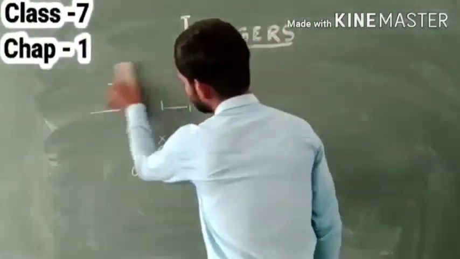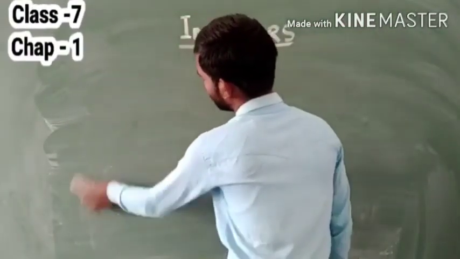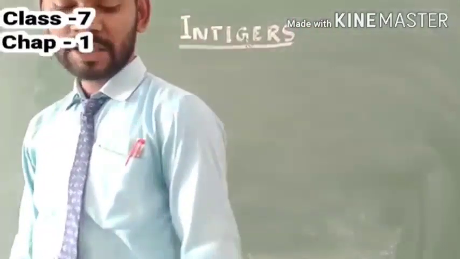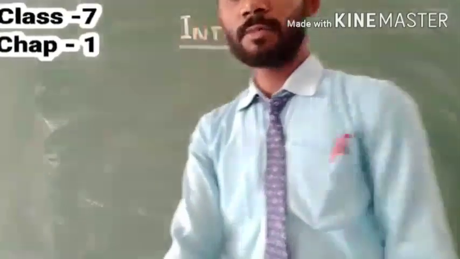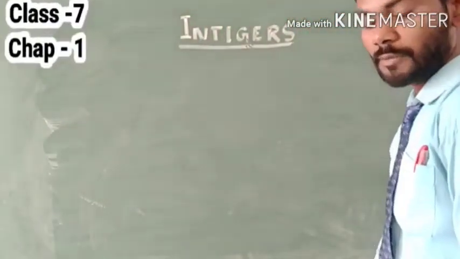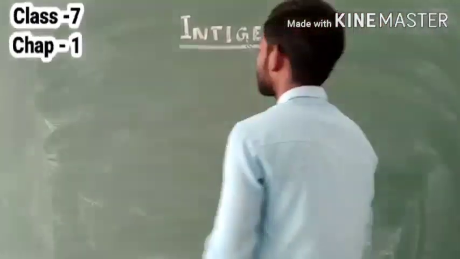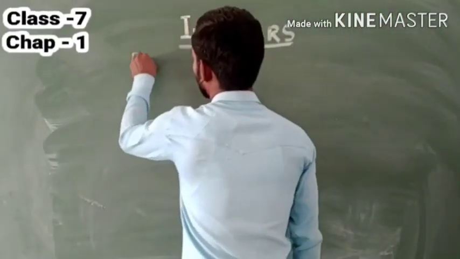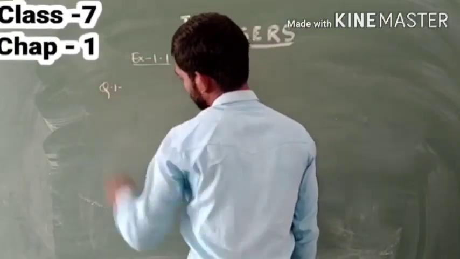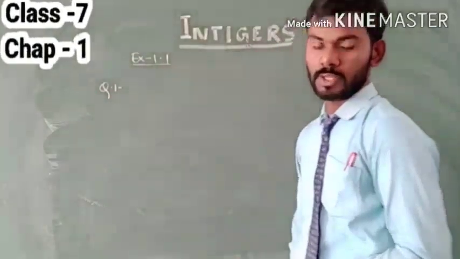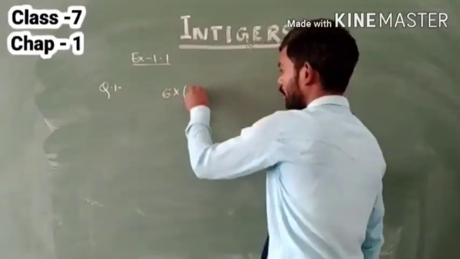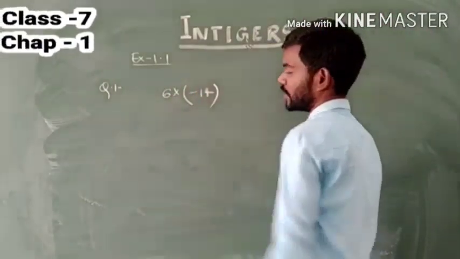Now let us see some questions based on these properties. The first question is from exercise 1.1. Question number 1 says: find the product. The first question is 6 multiplied by minus 14.